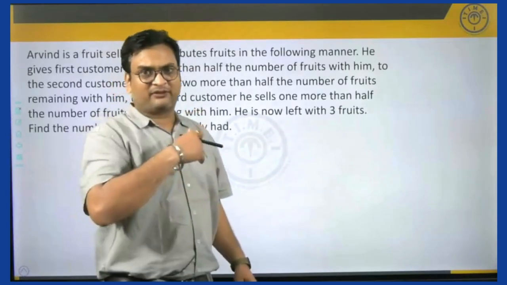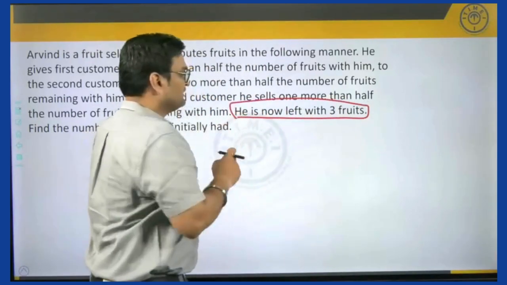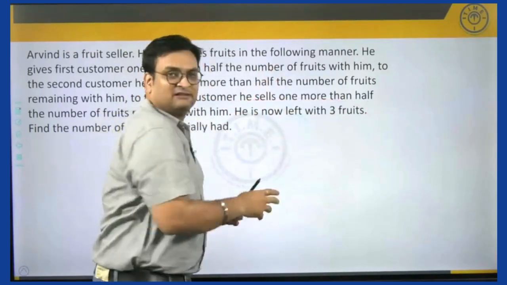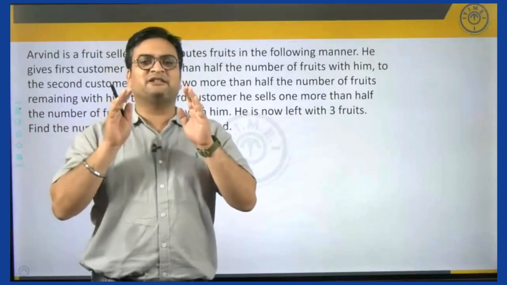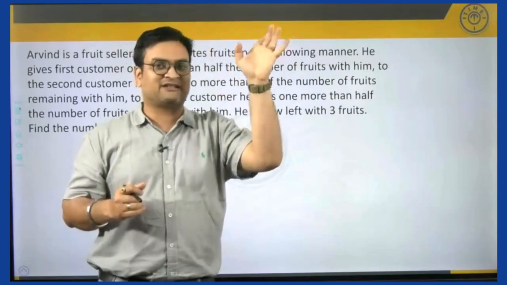In such problems, when the information is given about the end point, he is now left with 3 fruits, it's always better you start from the end. So in this case, I'll start from the third customer, not the first customer.